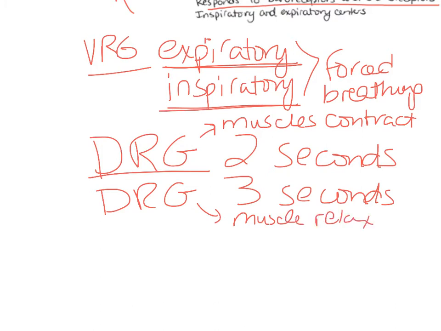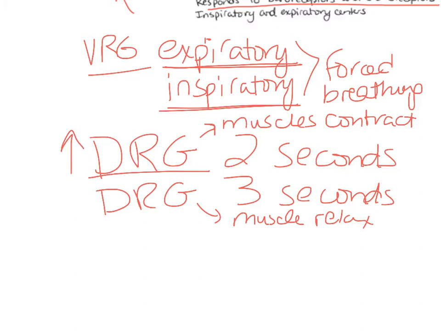That's how we get this normal pace of breathing. In forced breathing, however, you have an increase in DRG activity, which stimulates the VRG. The VRG has both the inspiratory and expiratory centers, which cause more forceful inhalation and more forceful exhalation.